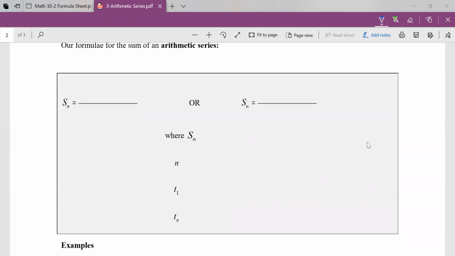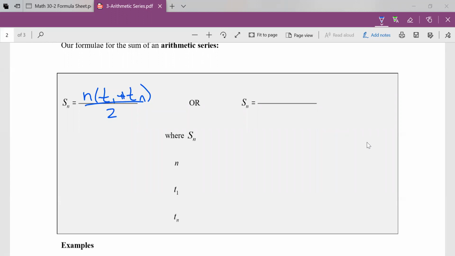Now, there are two different formulae for this section, so that sometimes causes students some confusion as to which one to use and when. These are both on your formula sheet. I'm not going to prove them to you now, but you need to know these. Here's your first one: n times parentheses the first term plus the last term, and we divide it all by 2.